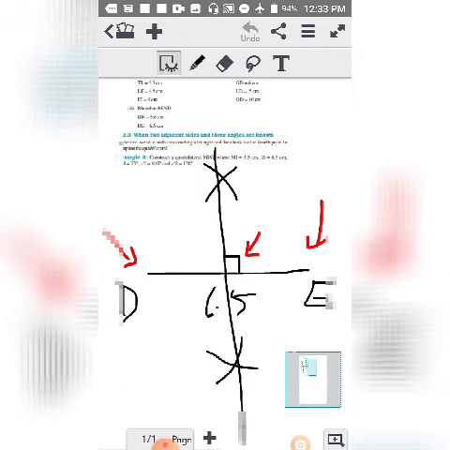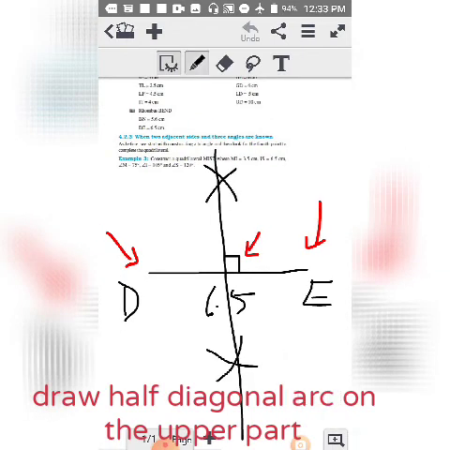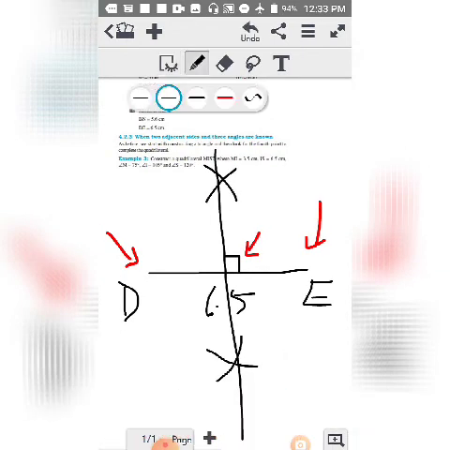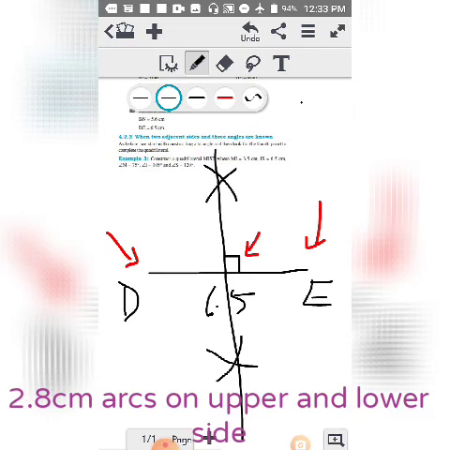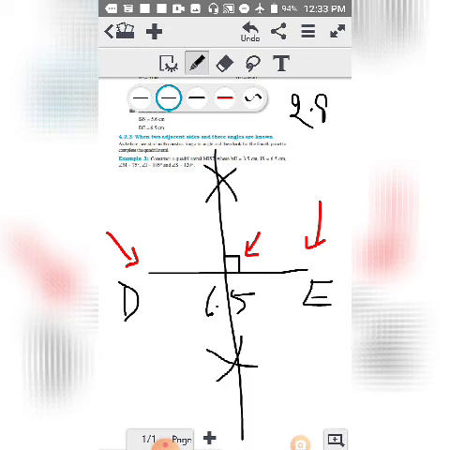Half of the diagonal will be on the upper part of DE and the other half will be on the lower part of DE. So half of 5.6 is 2.8. So we will cut a 2.8 centimeter arc on the upper side and the lower side.